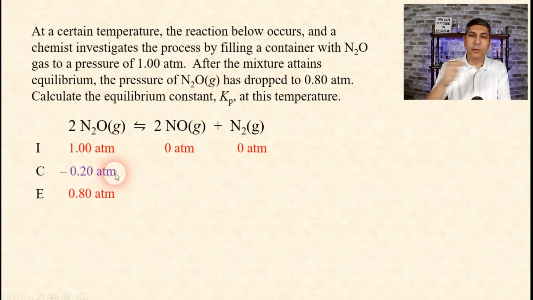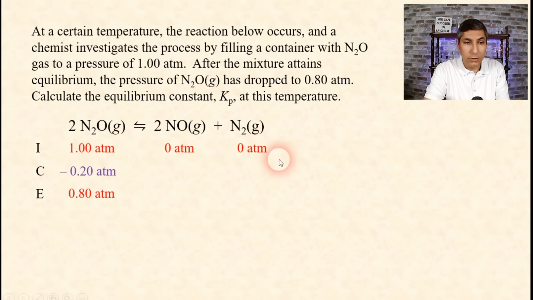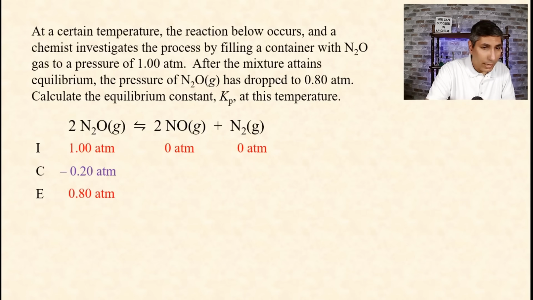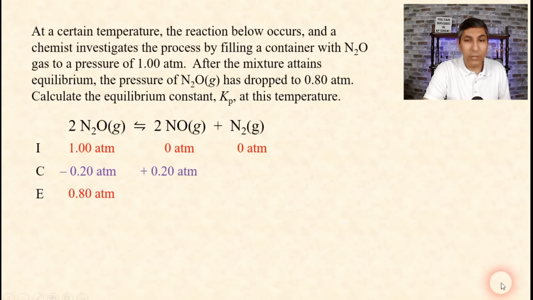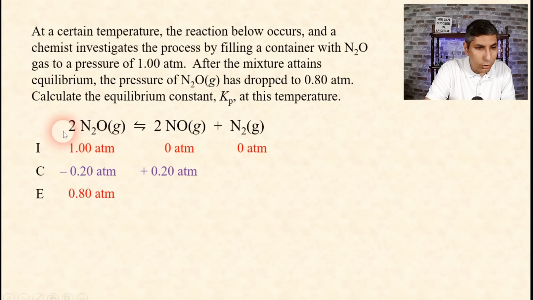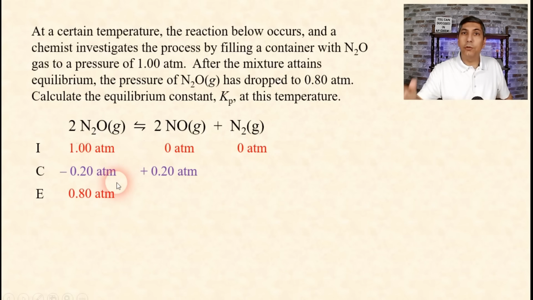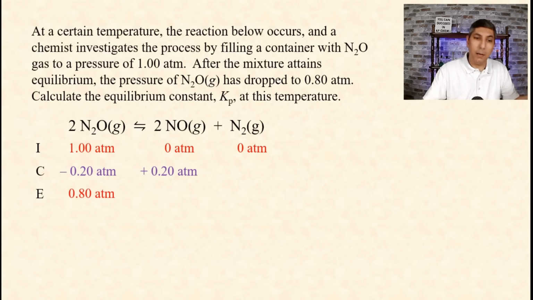Now on the other side of the arrow, we know that NO and N2 are going to have to increase. If the reactants went down, the products have to go up. And the NO is going to go up by 0.20 because it is a 2 to 2 mole ratio. So however much N2O goes down by is the same that NO is going to go up by.